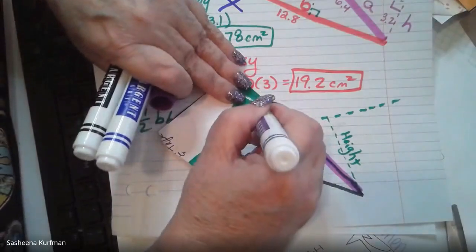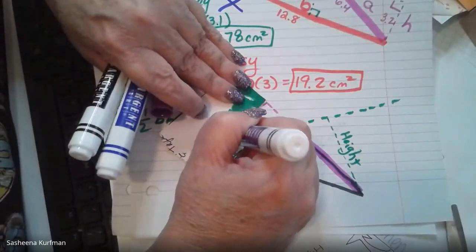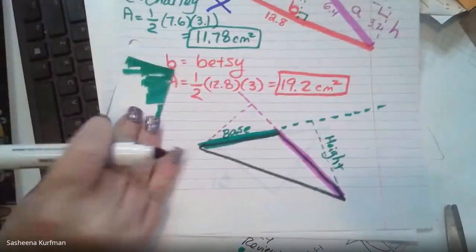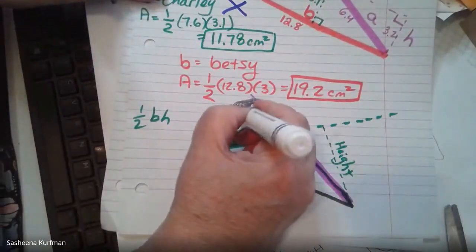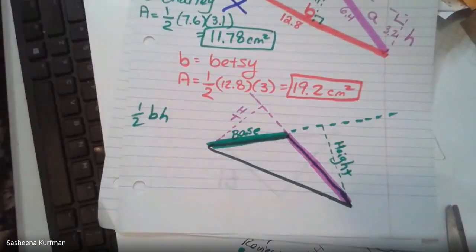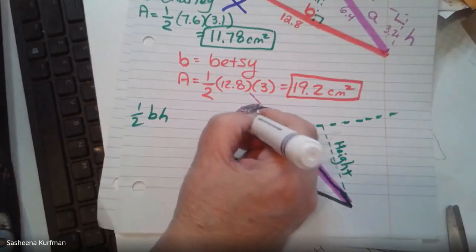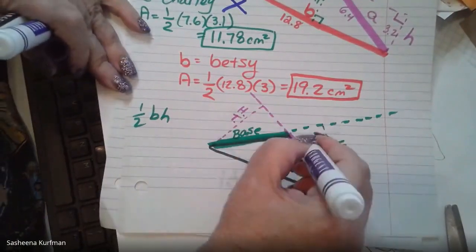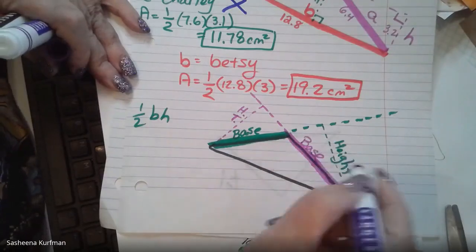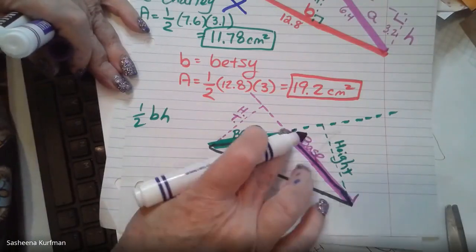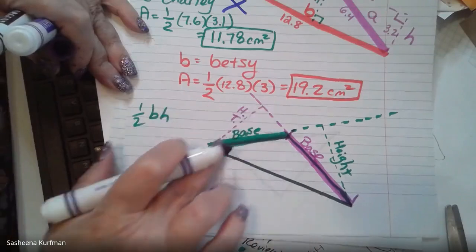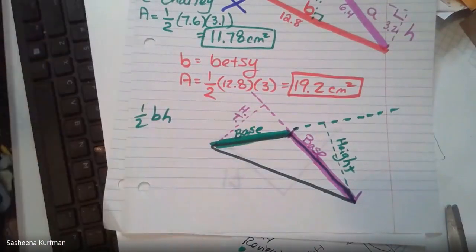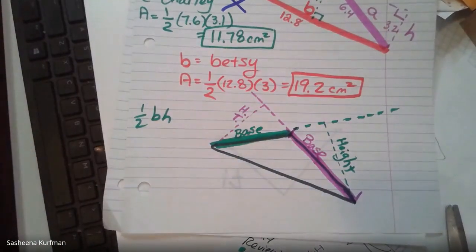And of course, after you find the height, you then measure it. So this would be the height, and I'll put HT to abbreviate height for Alvin. This would be Alvin's base. You would measure this distance and this distance, and you would be able to find the area of Alvin's triangle.